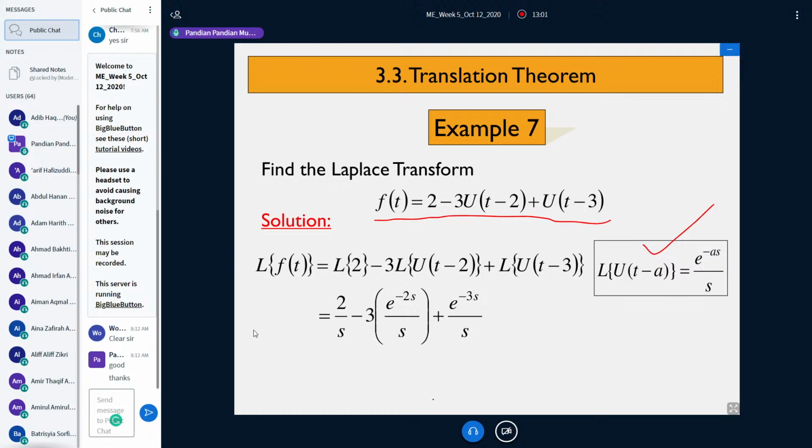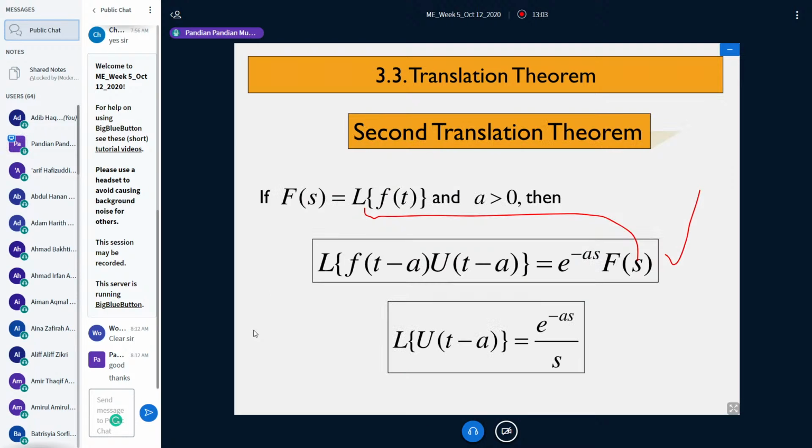This formula is given. You cannot change this. Write down, yeah? This is a theorem, a very strong theorem. You cannot change the theorem, like the Pythagorean theorem. So Laplace of u(t-a) is e power minus as over s.